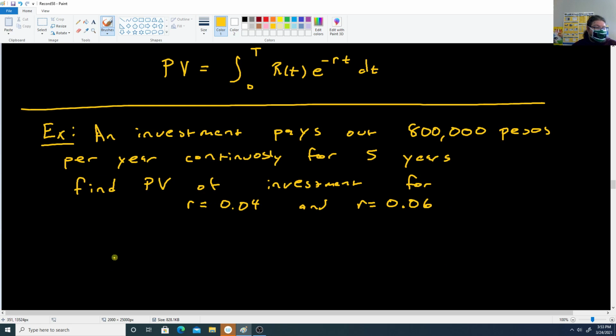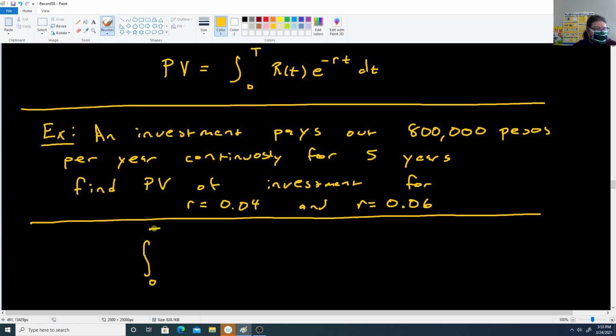So for the present value of the income stream, we're looking at the integral from 0 up to 5 because we're doing this integral over 5 years. R of T is the amount of dollars that we're paying out, so that's 800,000.